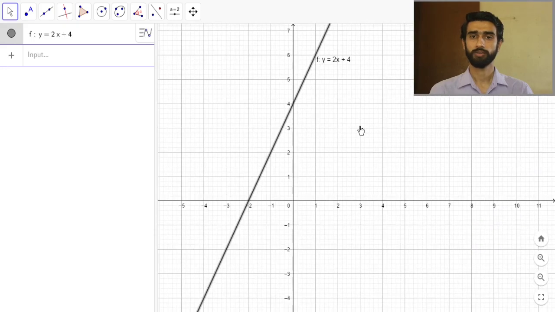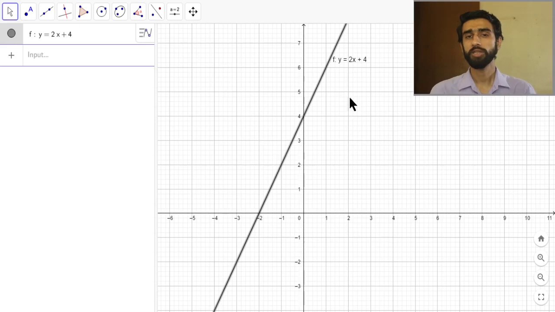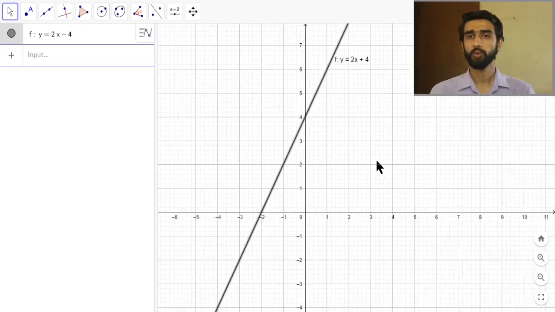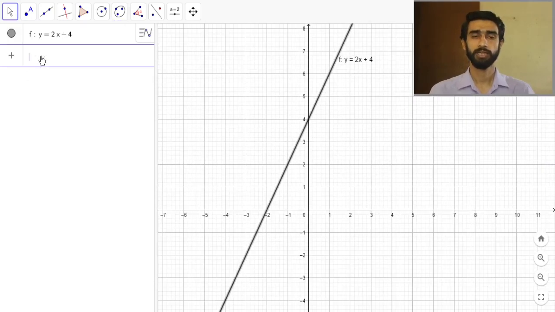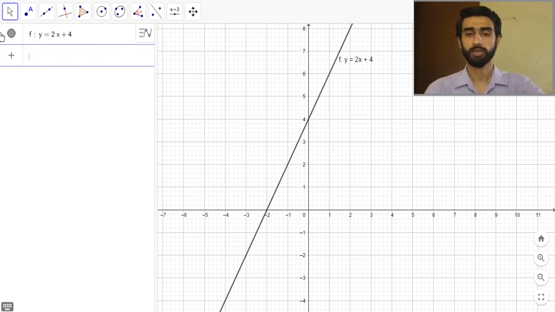So let's do it. Now we want all the lines which are parallel to this. So let's make another line. You know, for being parallel, their slopes must be equal. And in this line 2x plus 4, 2 is the slope and 4 is the cut on the y-axis.